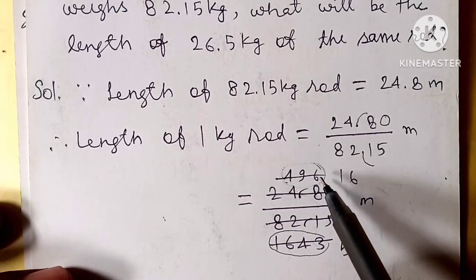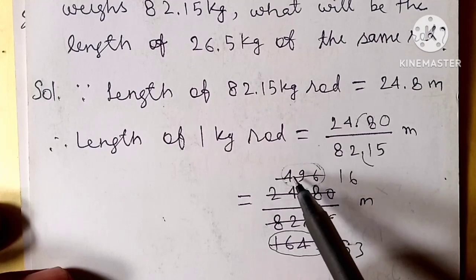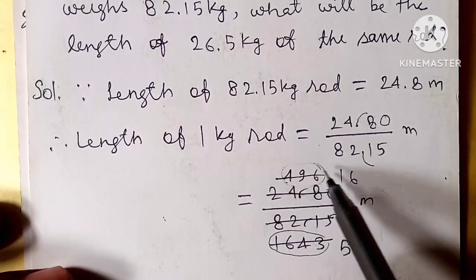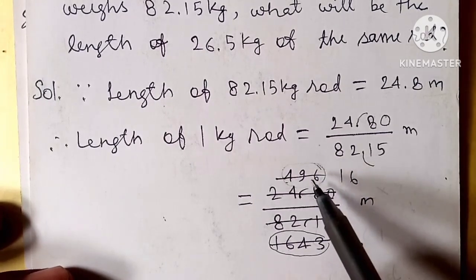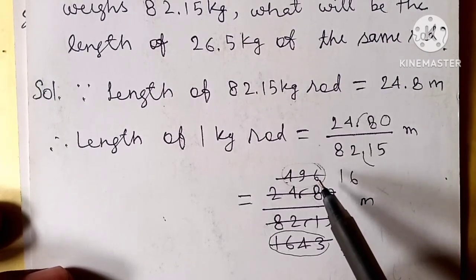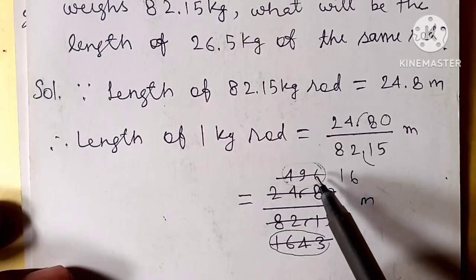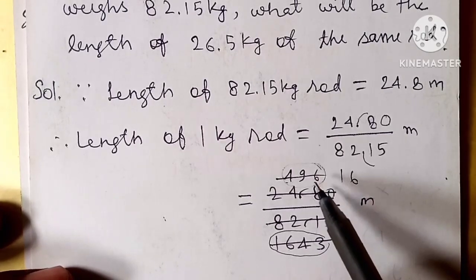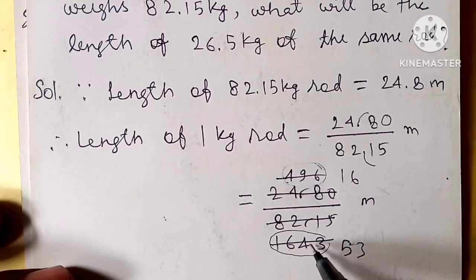Next is 11. For 11 we check 6 plus 4 is 10, and 10 minus 9 is 1, so this is not divisible by 11. In this way we proceed and check which prime number can divide 496 and 1643.